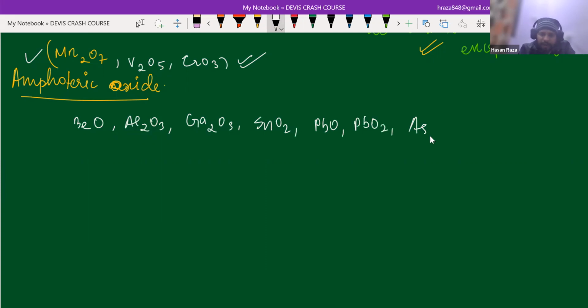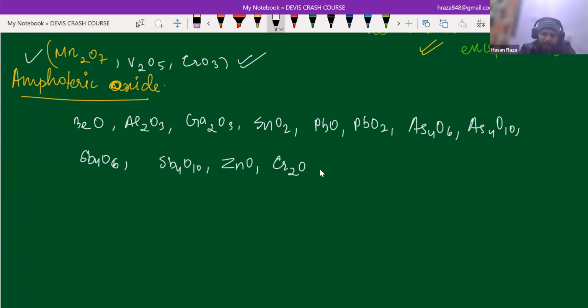Then comes As4O6, As4O10, Sb4O6, Sb4O10, then ZnO, then Cr2O3, then TiO, etc. These are all amphoteric oxides.